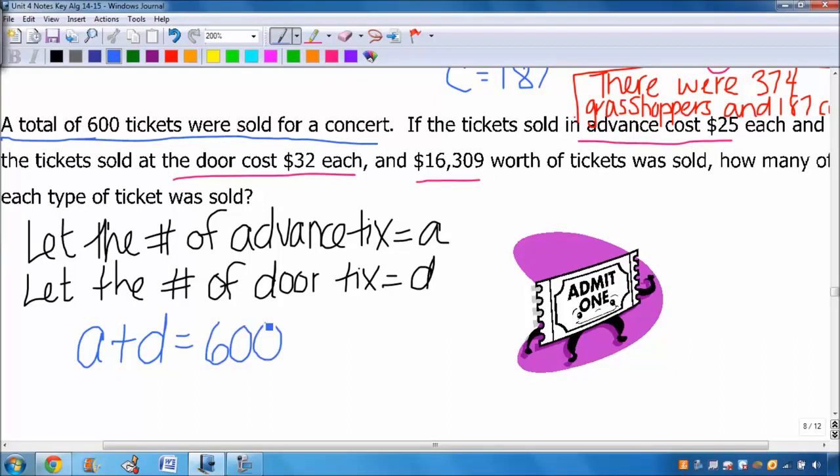Okay. And then my other equation would be based on the price. So the tickets sold in advance cost $25 each. So it would be $25 per ticket, right? So that'd be 25A plus $32 per door ticket, and that's going to equal 16,309.